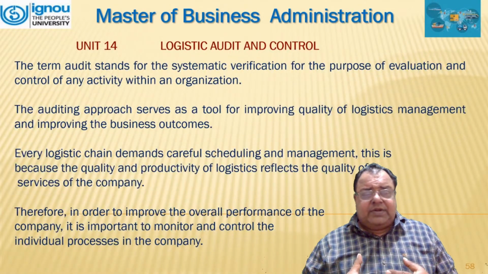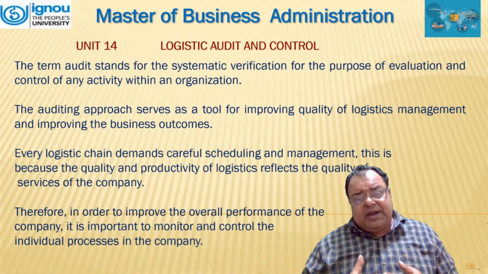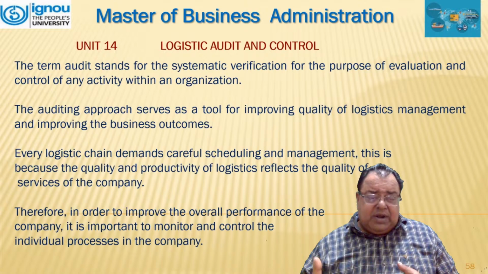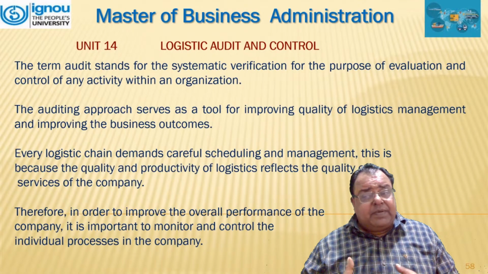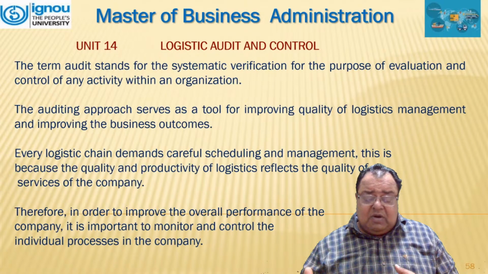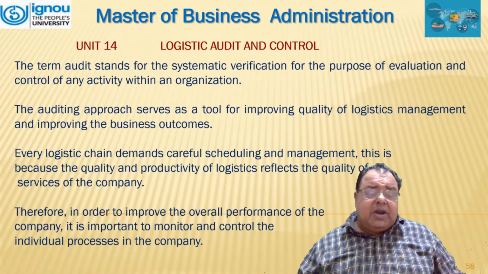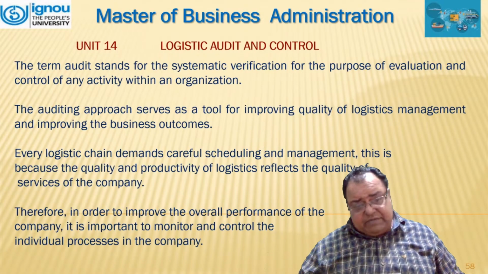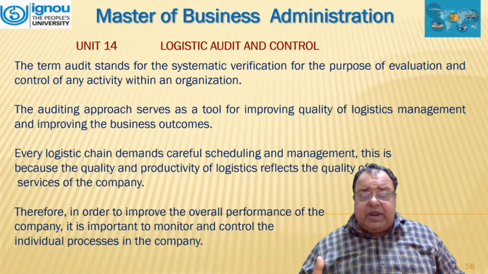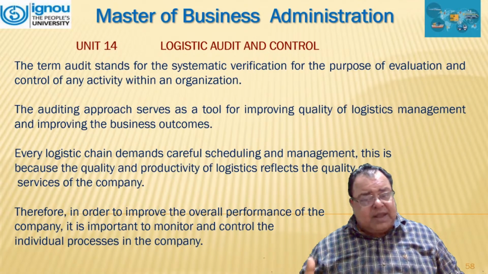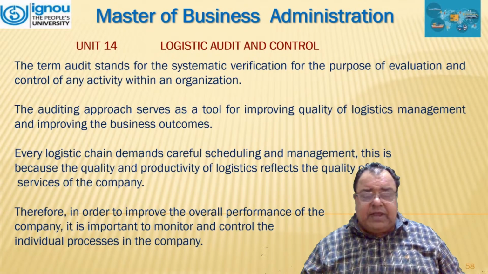Unit 14 is related to logistics audit and control. The term audit stands for systematic verification for the purpose of evaluation and control of any activity within an organization. The auditing approach serves as a tool for improving quality of logistics management and improving the business outcomes.